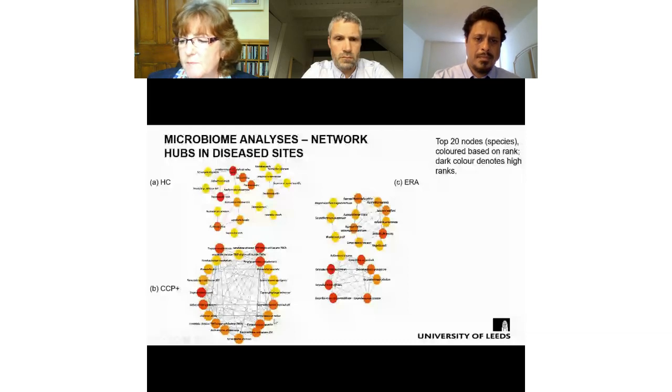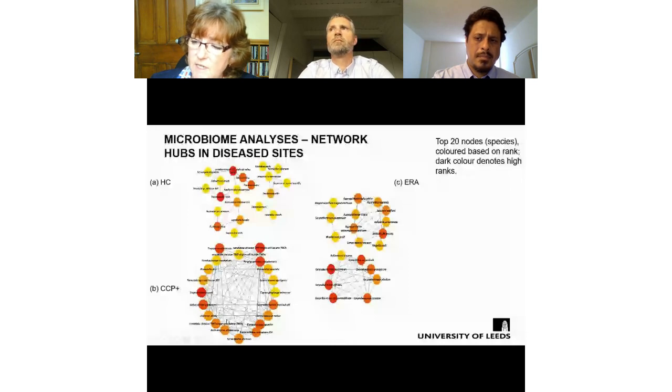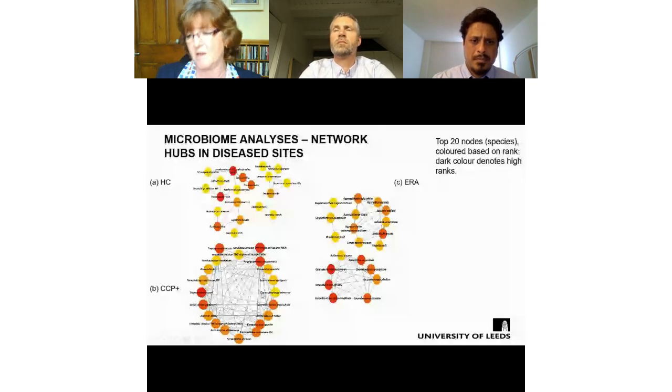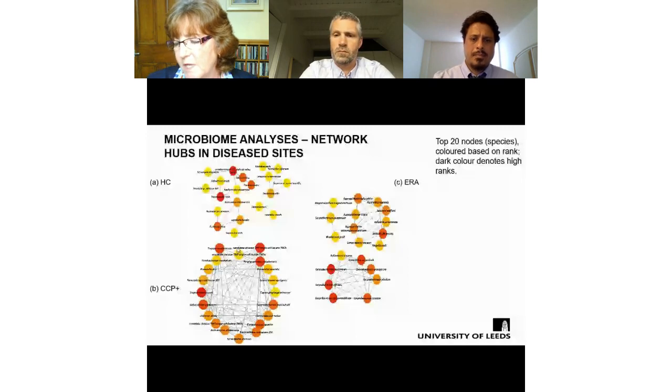It's quite interesting to me that in the CCP plus groups, that hub of 10 organisms has essentially been expanded. So this contained 9 of the 10 organisms in the CCP plus hub, and that's been extended, enlarged, in this hub that we see in the disease sites from the CCP plus group. And again, this contains a lot of organisms that will be very familiar to people who look at subgingival and periodontitis populations.